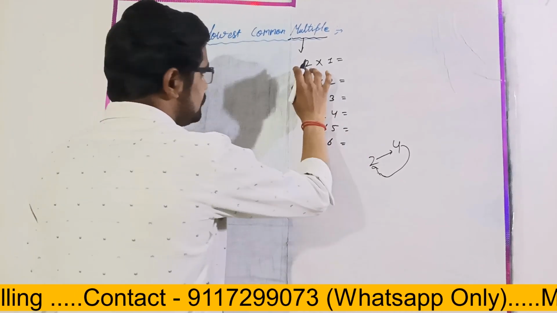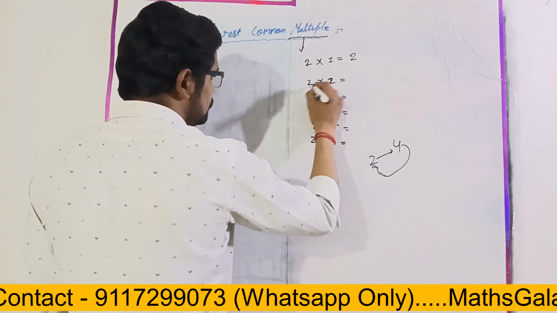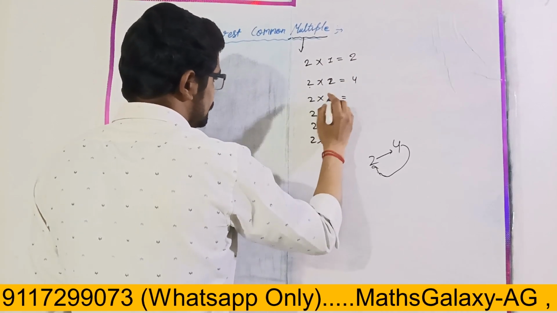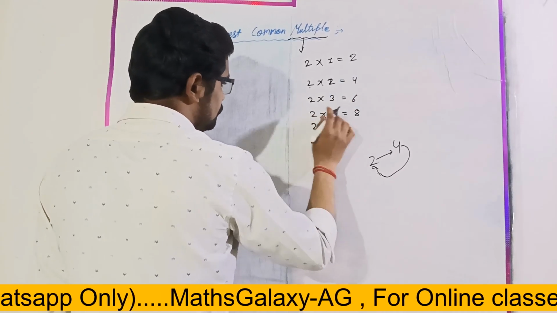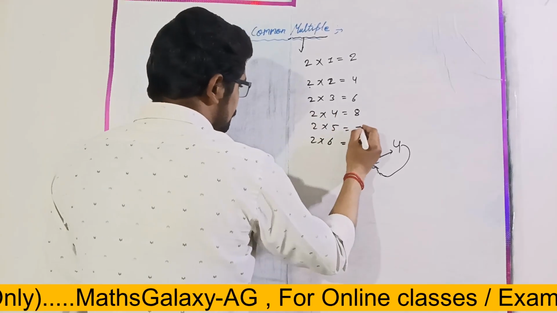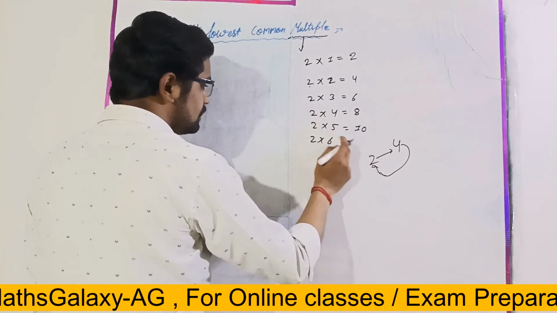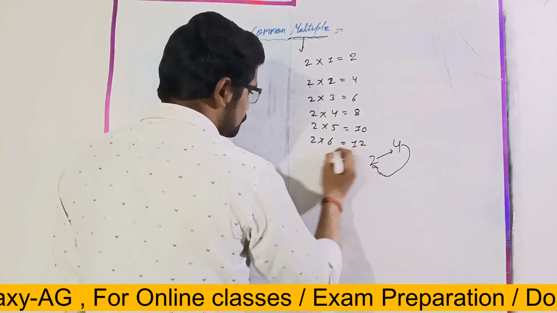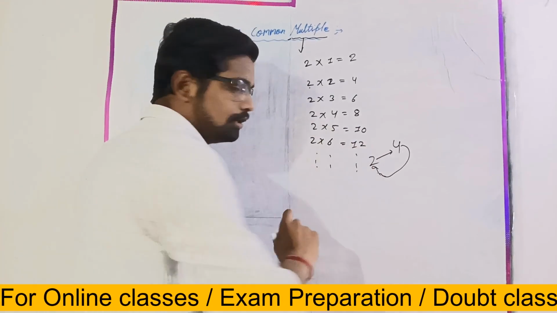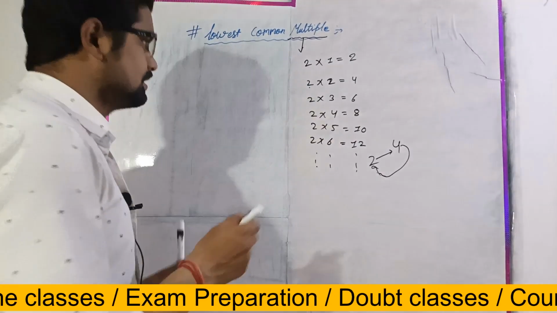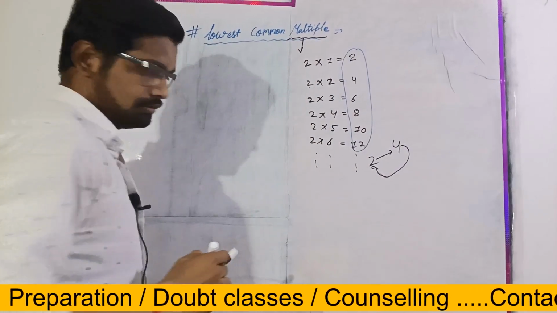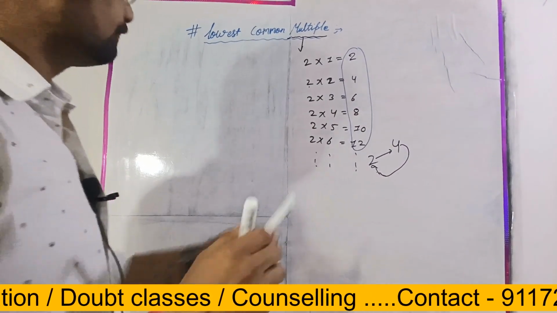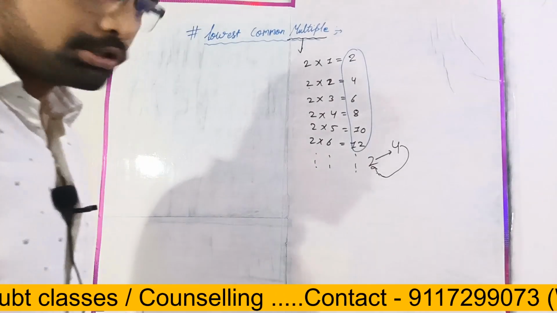Now we get 2 as a product in the first, 4 in the second, 6 in the third, 8 in the fourth, 10 in the fifth, 12 in the sixth, and so on. So the numbers you are seeing here are the multiples of 2.